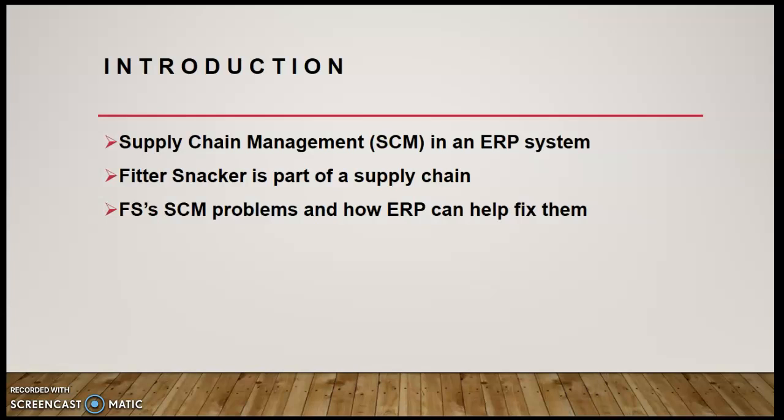Consequently, sometimes its warehouse is not adequately stocked and customer orders cannot be filled in a timely fashion, leading to customer dissatisfaction and lost sales. So in this chapter, we will explore Fitter's supply chain management problems and learn how ERP can solve the problem.